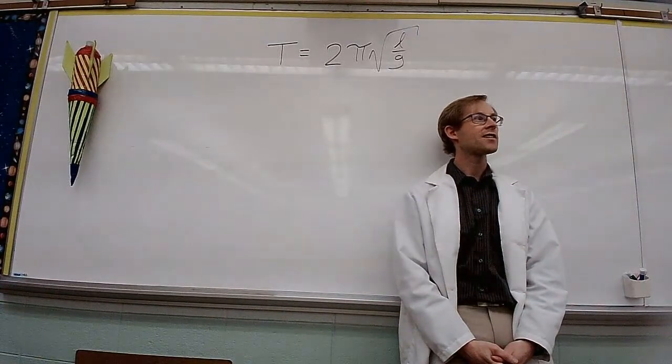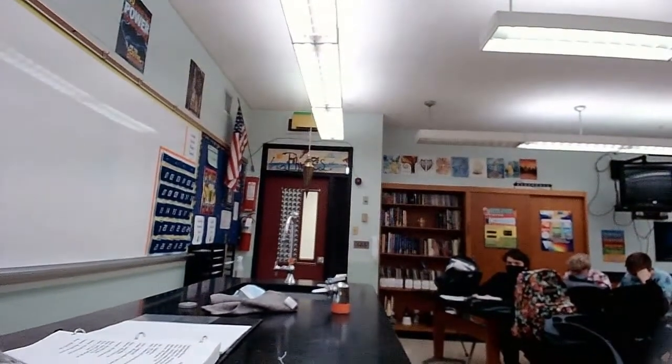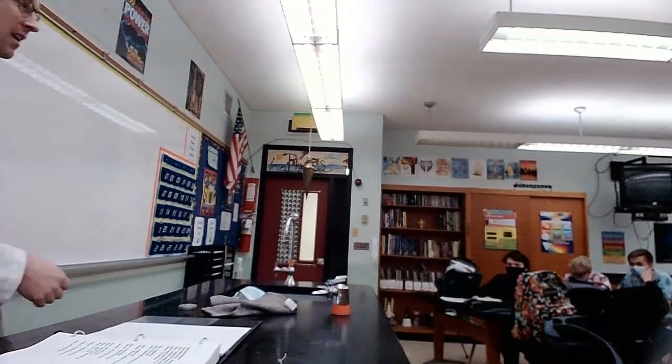What I noticed is that hanging from the ceiling above the professor was a little microphone. And that microphone was ever so slowly swinging back and forth due to the breeze inside that room. And I knew I can actually time how long it takes to go back and forth.